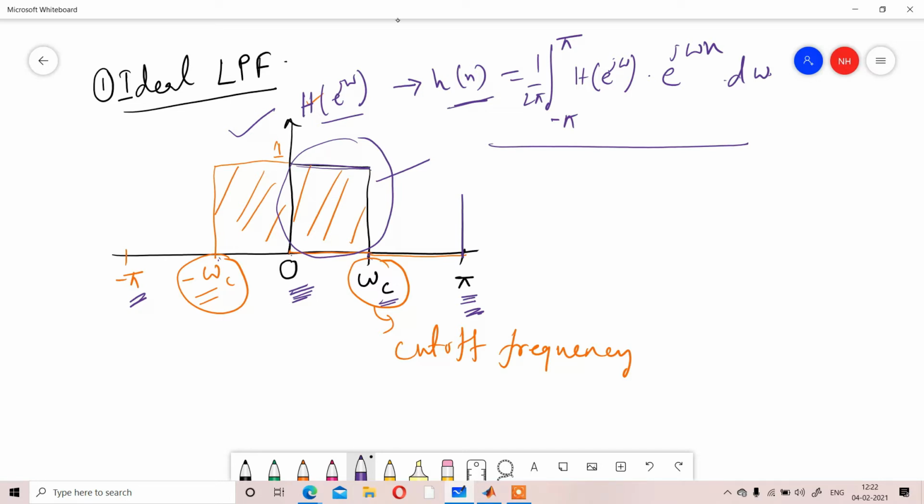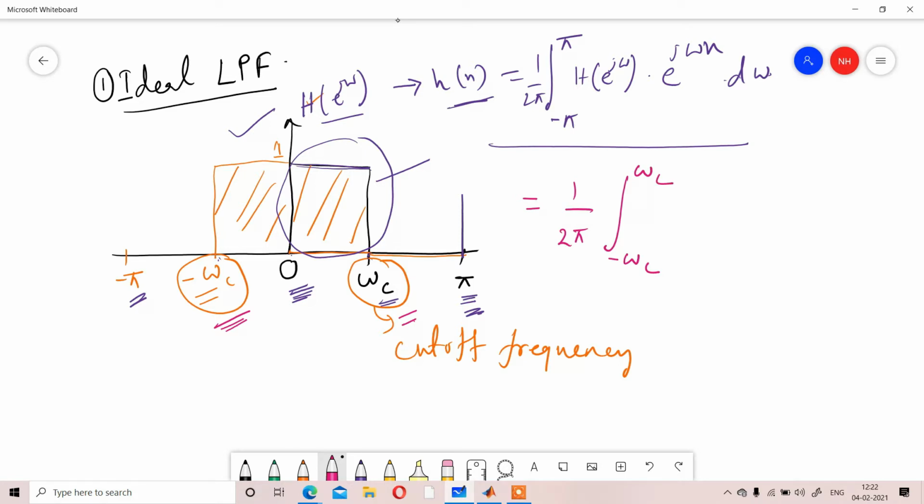Okay, now for this filter, we have considered minus omega c to omega c as 1, and the other part is 0. So we can represent that filter as 1 by 2 pi, and instead of minus pi we can consider minus omega c, and instead of pi we can consider omega c.